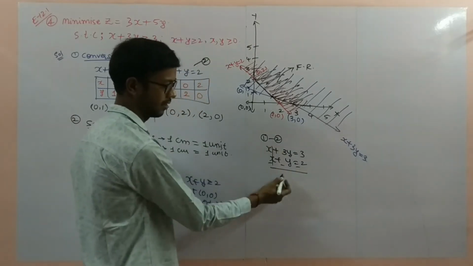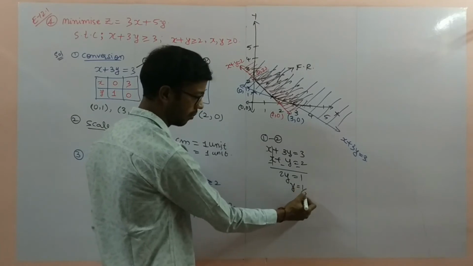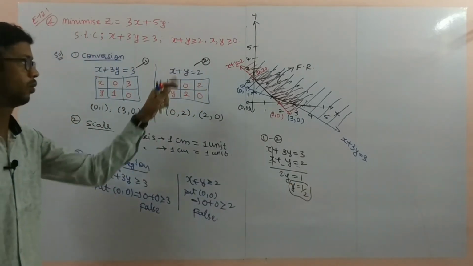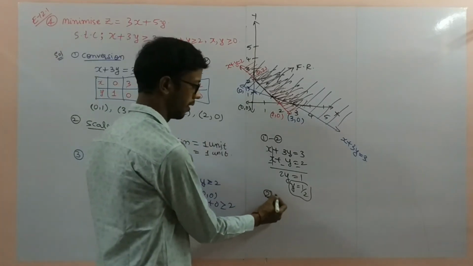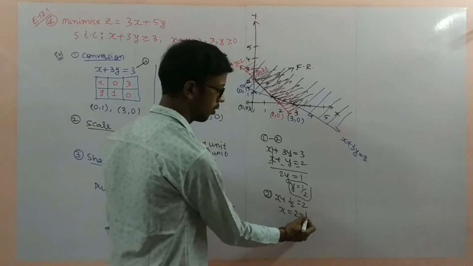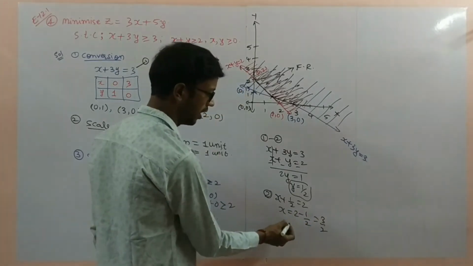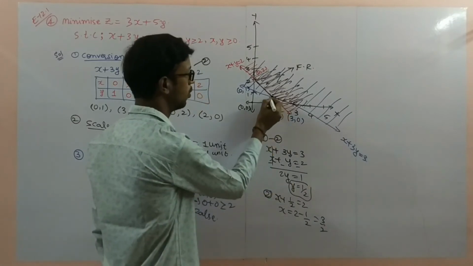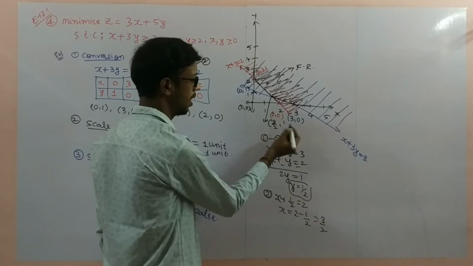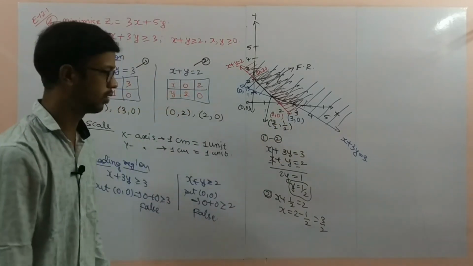Subtracting, we cancel x, 2y equal to 1, y equal to 1 by 2. Substitute in equation 2: x plus 1 by 2 equal to 2, x equal to 2 minus 1 by 2, that is 3 by 2. So the point is 3 by 2 comma 1 by 2.